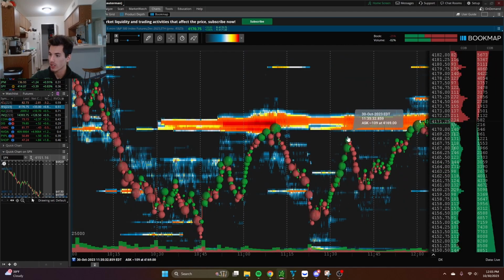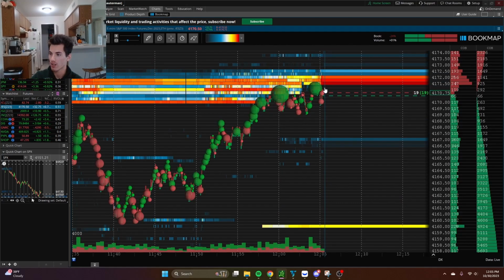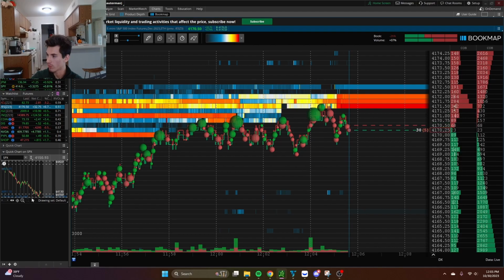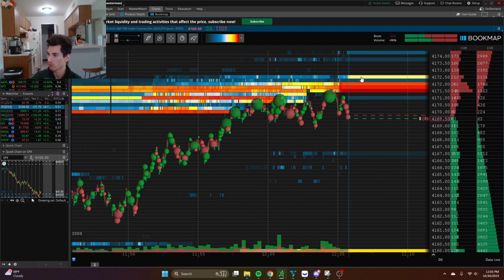Now, again, just seeing green dots at random high points does not automatically mean that we're just going to reject that, because buyers now could easily break through 4171.5 to 4172 or 4172.25 and absorb all the selling pressure right here, and then we're rolling on past there, squeezing the shorts.